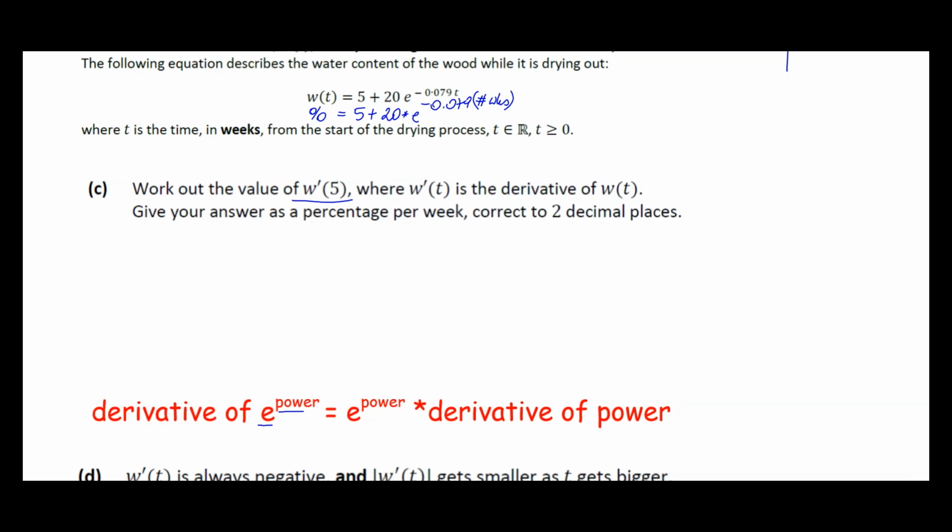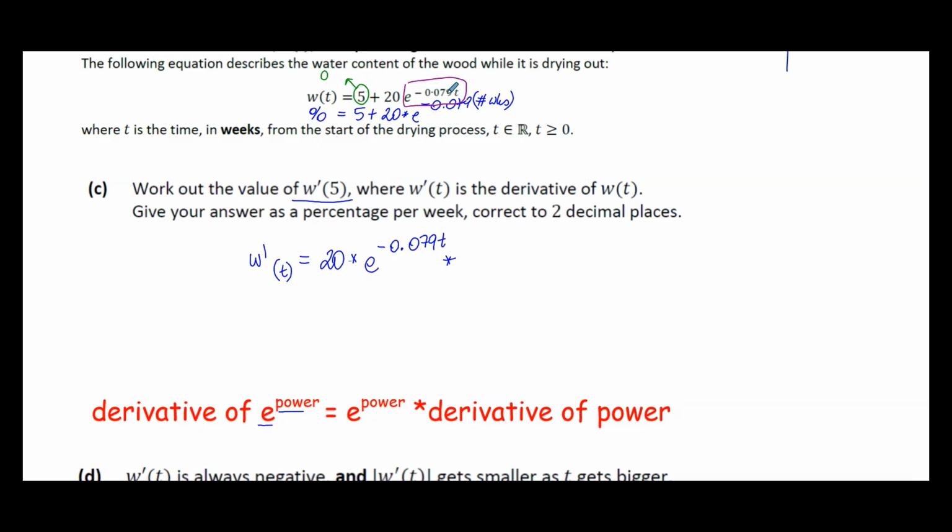So applying that here, we know 5, a number on its own, just goes to 0 in the process of creating the derivative. So that means I am left with just the second part, 20, that number crosses over. And we are saying that what we are actually deriving is this part here. So it will equal e to that power, so e to the power of minus 0.079t, multiplied by the derivative of the power, which is in t.